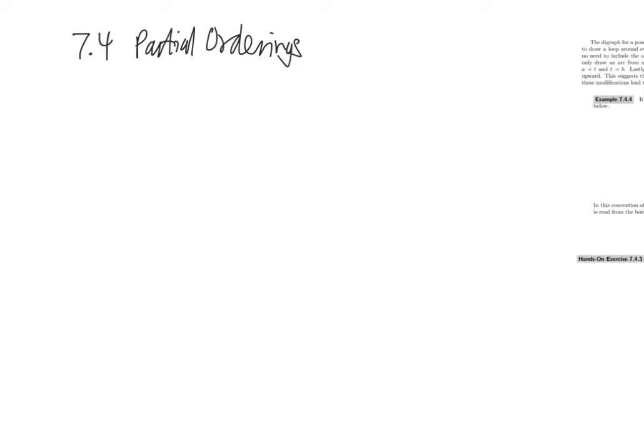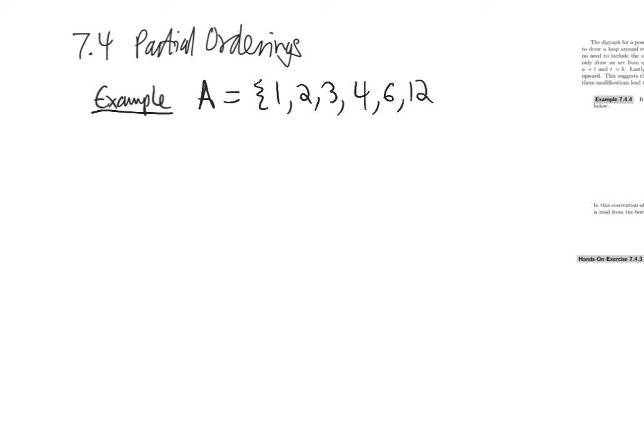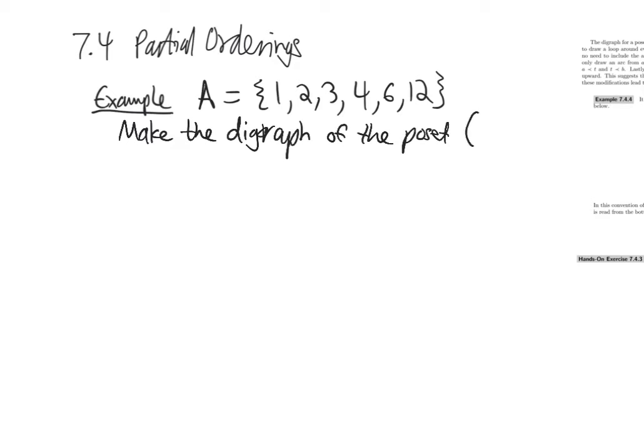I want to start relating this to directed graphs or digraphs. Let's take a finite set of natural numbers, for example, 1, 2, 3, 4, 6, 12. We're going to make the digraph of the poset A with the divides relation.